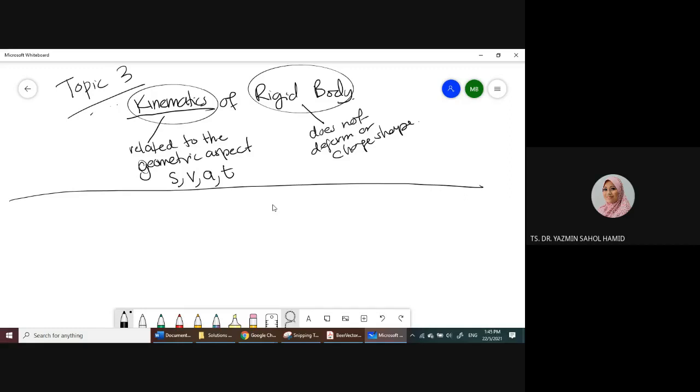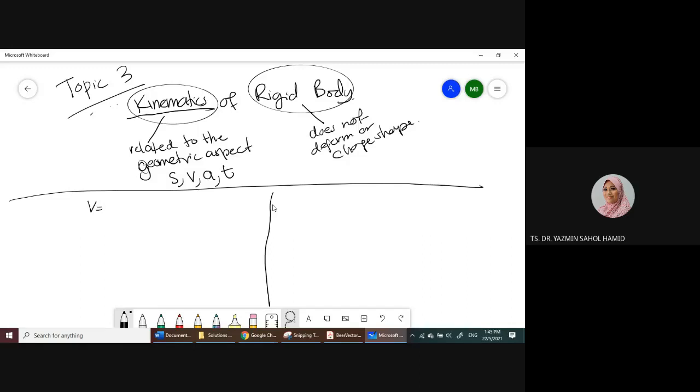Now, when we talk about rigid body and kinematics, we have to go back to our basic kinematic equation. This one you have learned in the earlier topics, it's like a revision. Can you tell me the basic kinematic equation for constant acceleration?